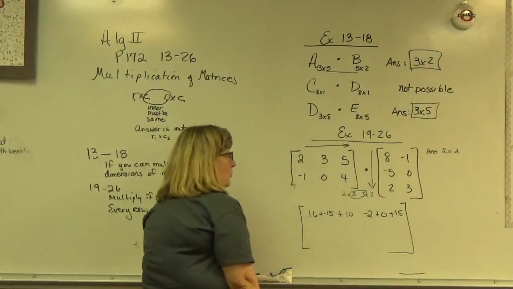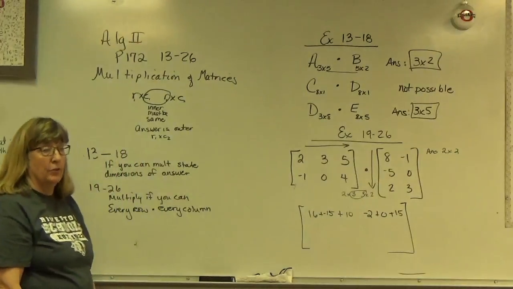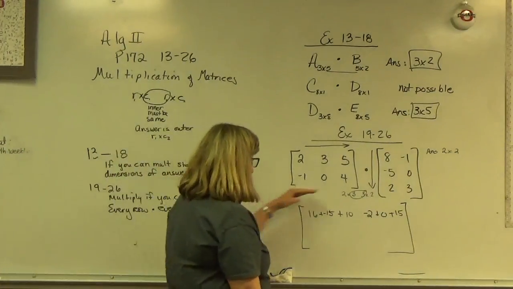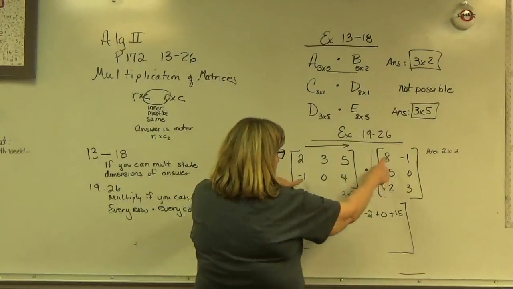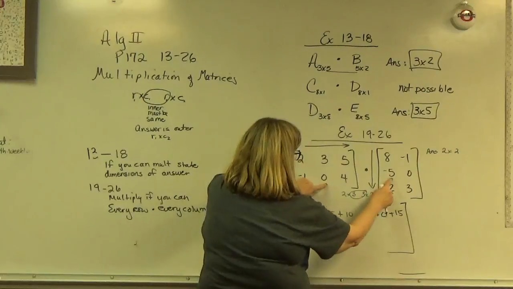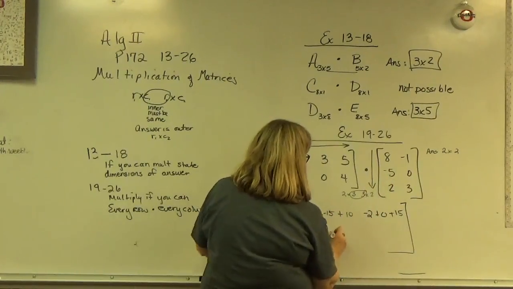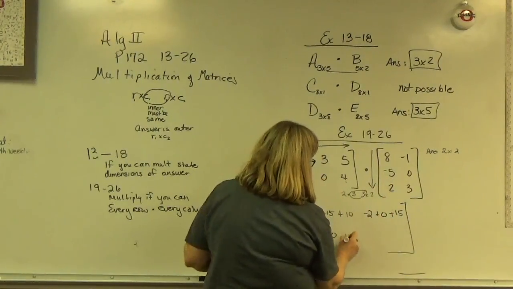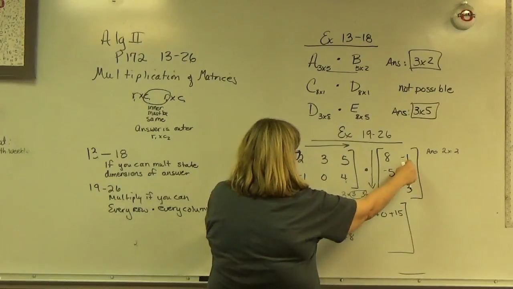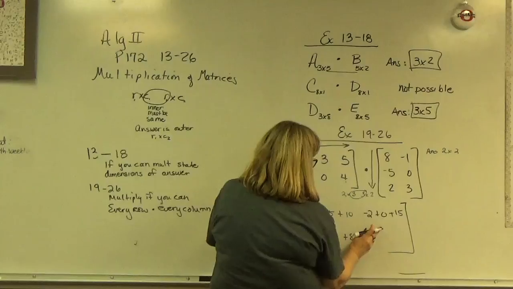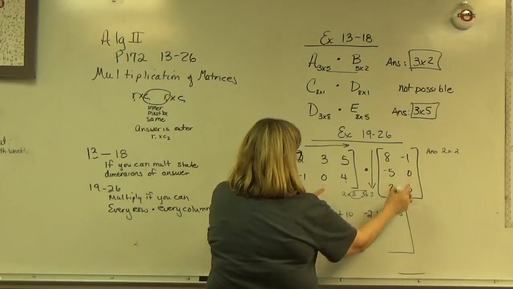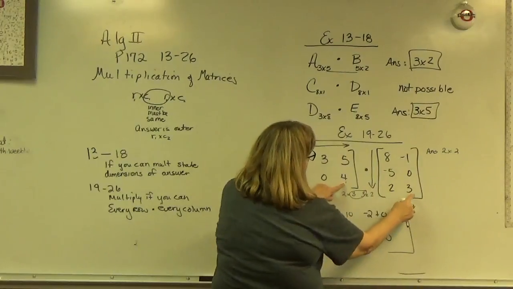Has row 1 been multiplied by every column? Yes. Now you move to row 2. Row 2, first position is -8. Second position, 0. Third position, 8. Now row 2, column 2, first position, 1 is going to be positive 1, right? And second position, 0, and then the third position.